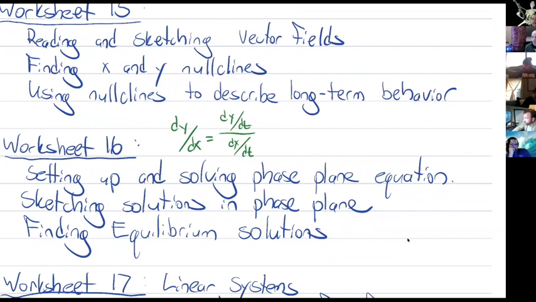That's a first order differential equation. So that means you might need to use separation of variables, or possibly integrating factor if it's not separable, to solve that phase plane equation. So just keep that in mind.